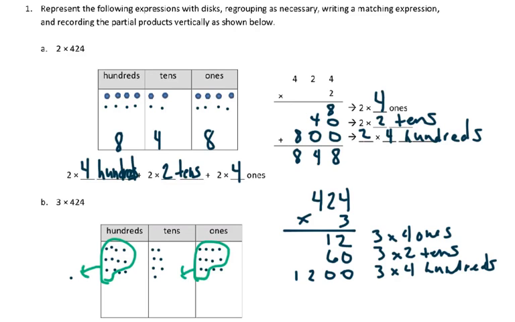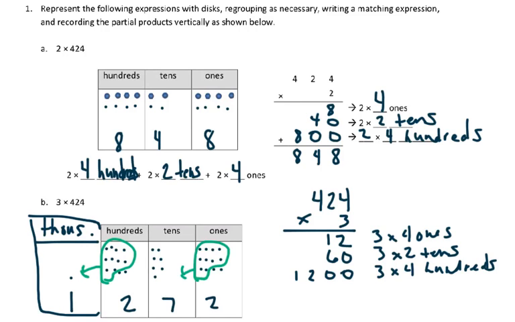It's just adding on to my place value chart. So I have 1 in the thousands place, 2 hundreds left over, 7 tens and 2 ones. Let's check our partial products. I have 1,272. So 3 times 424 is 1,272.